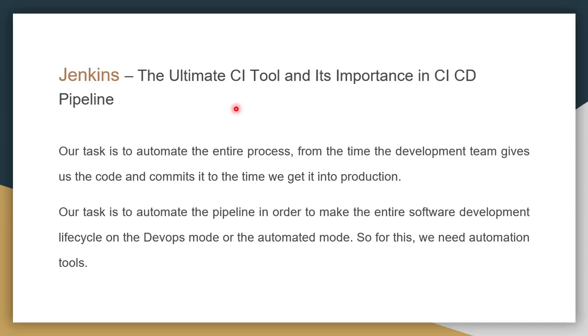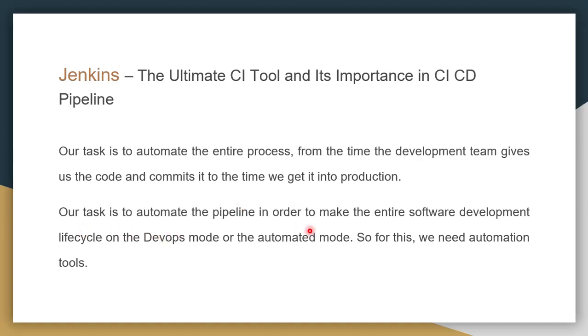It can be the ultimate continuous integration tool, and it does have a lot of importance when it comes to the CI/CD pipeline. So our task is to automate the entire process from the time the development team gives us the code and commits it to the repository, and from the time that we eventually deploy to production.